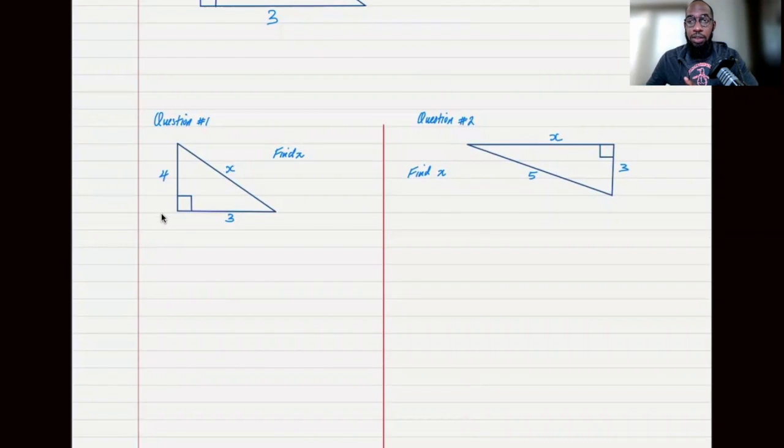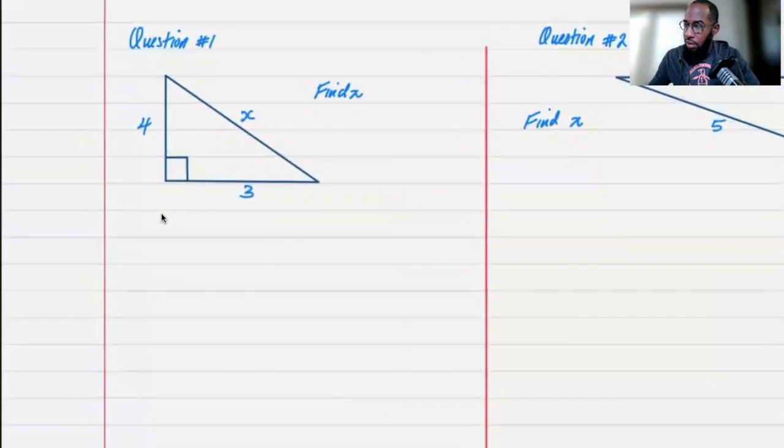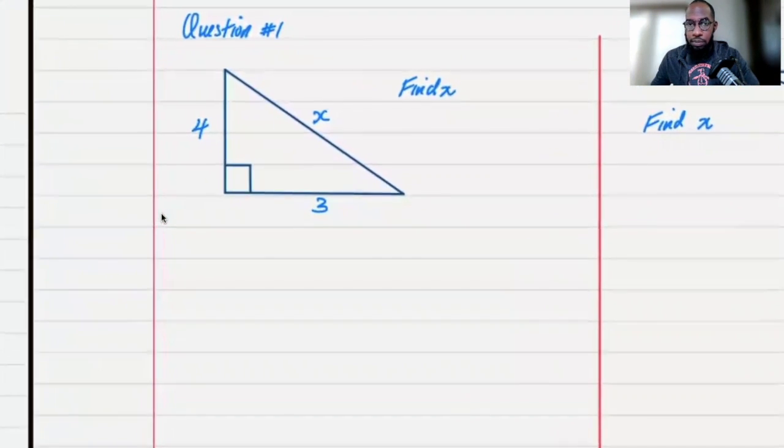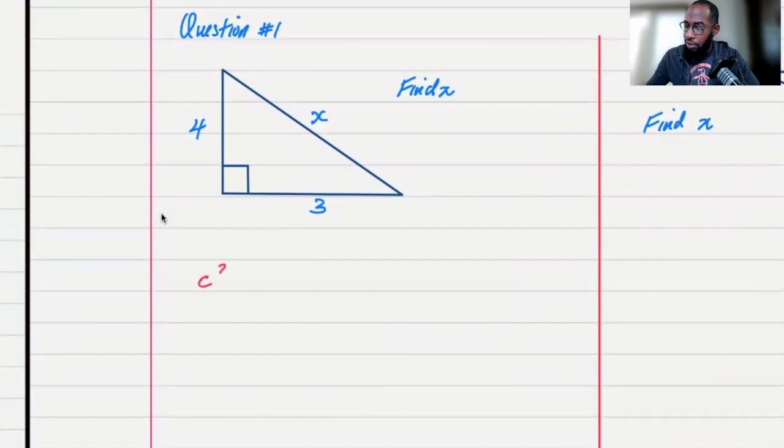So the first thing I tell students, quote Pythagoras theorem. Let's zoom in a little bit here. So we have c squared is equal to a squared plus b squared, where c is the hypotenuse.